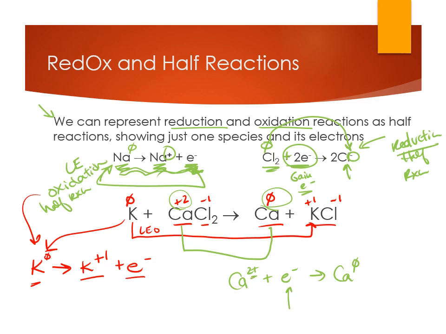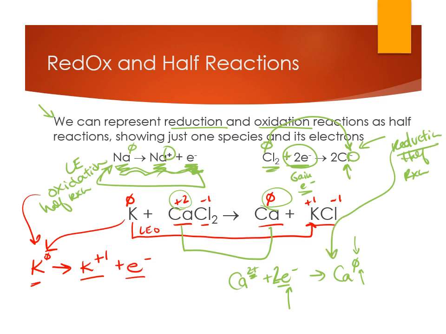We're going from a +2 down to 0. How do I do that with only 1 electron? I can't. We need 2 electrons here. So +2 plus those -2 electrons gets us to that neutral charge of 0. This one is our reduction half reaction.